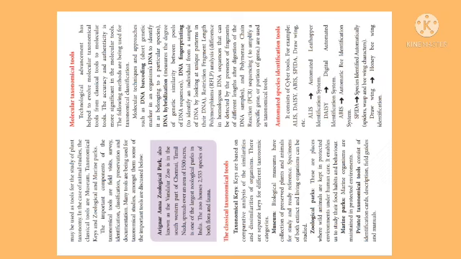What are the molecular tools that are used by taxonomists to know about the different species that are found in this biosphere? The taxonomical tools, molecular tools. Molecules are nothing but biomolecules that are found in the living cell, used as tools to know about organisms.